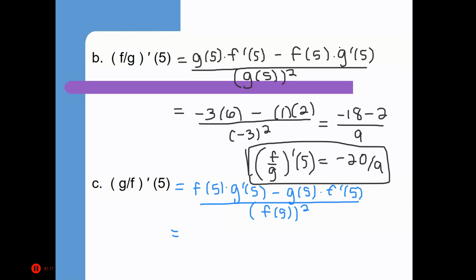So 1 times 2 minus negative 3 times 6, all over 1 squared. So we get 2 plus 18 over 1, or 20.